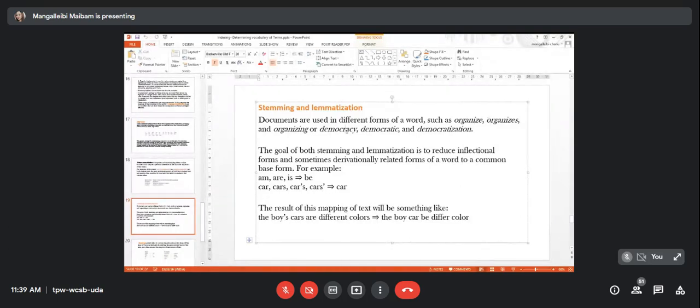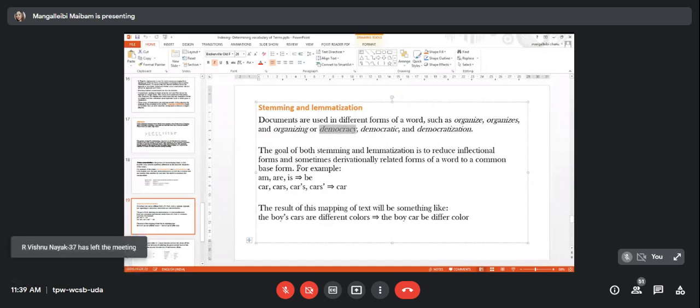Similarly for democracy, you can see democratic, democratization. All these are different forms of words, and the base form is democracy, so you can map them onto democracy. The purpose of stemming and lemmatization is normally to reduce all the different forms of a particular word, and also derivational words.